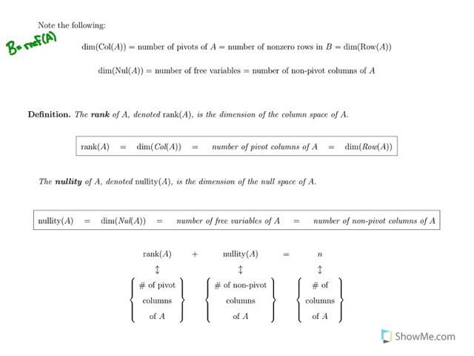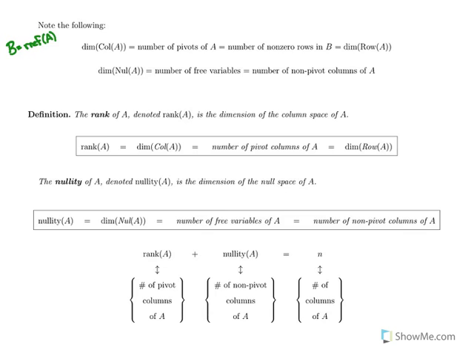Now we're also going to talk about the nullity of A, denoted nullity of A, which is the dimension of the null space of A. So nullity of A is the dimension of the null space of A. That's going to be the number of free variables of A, or the number of non-pivot columns of A. So when we're looking at the relationship between the rank and the nullity, we get this very important relationship that if you add the rank plus the nullity of A, you get equal to n, which is the number of variables in our system of equations, or the number of columns.